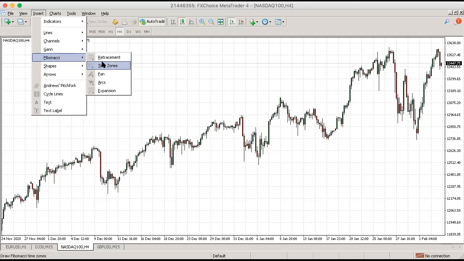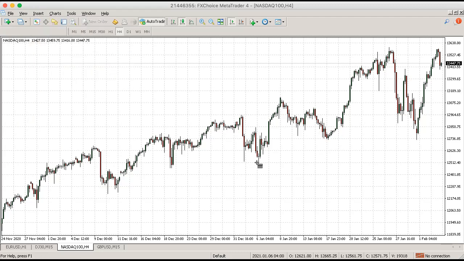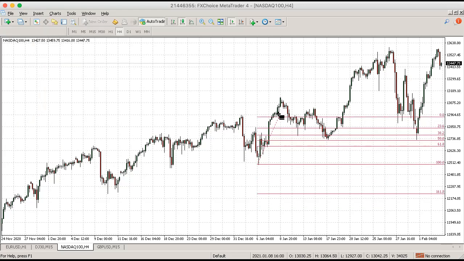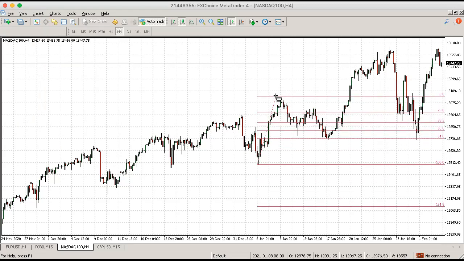And you come and you select your Fibonacci retracement tool. You touch from the low to the high. And as you can see, it automatically shows you the retracement levels. This is my 100%, this is my 0%, and my trade retraced back to 61.8% level. It continued going in the what? In the upward direction.